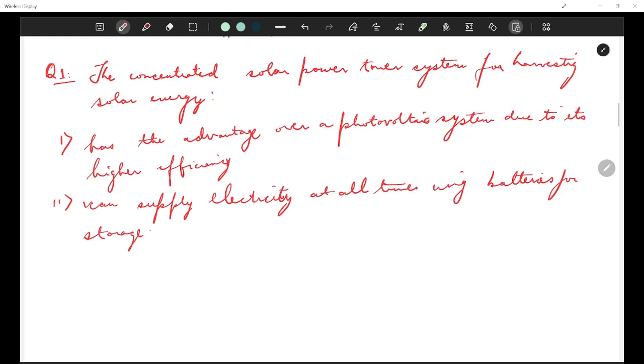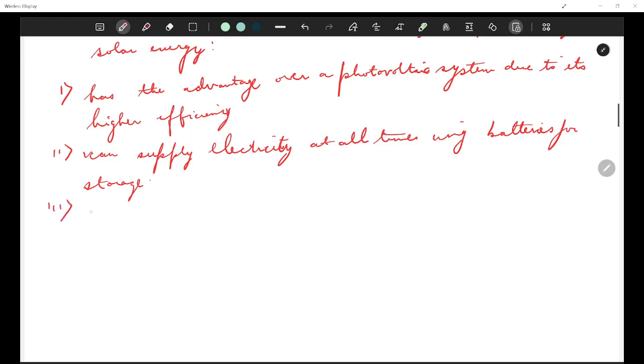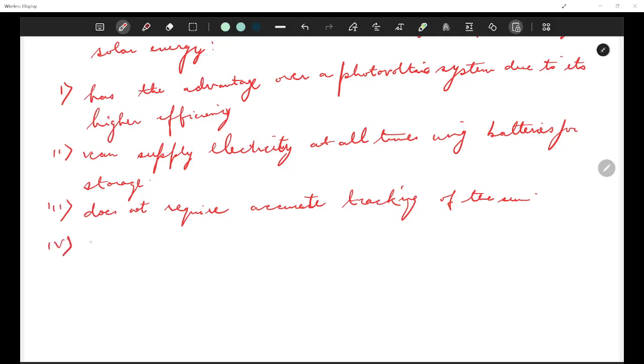It does not require accurate tracking of the sun and it uses a device called a heliostat.